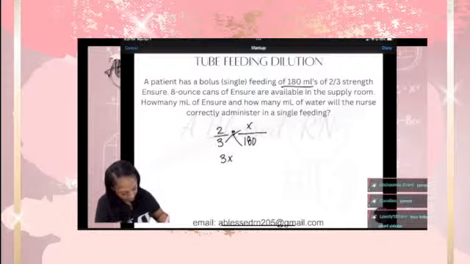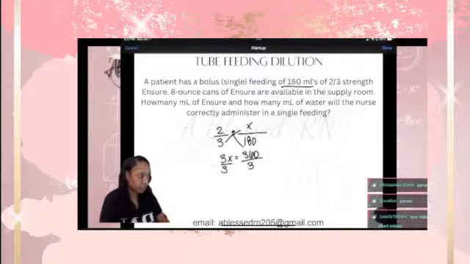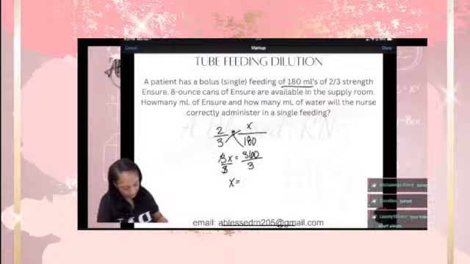So it'll be 3x equals 180 times 2, which is 360. We want to do the same thing to both sides because we want to isolate x. So that crosses out, and then 360 divided by 3 is going to be 120. So that's 120 milliliters of Ensure.